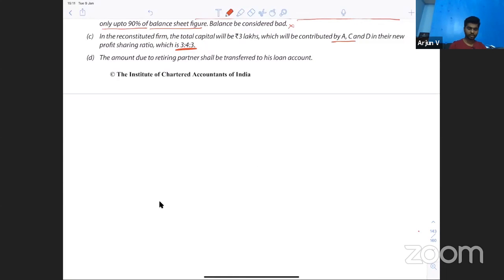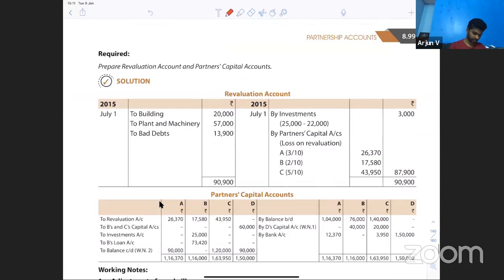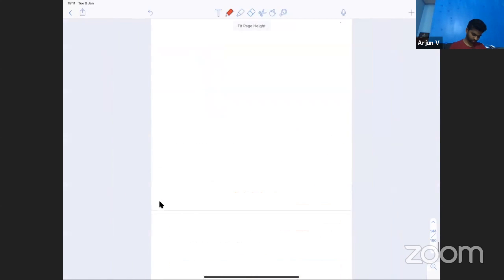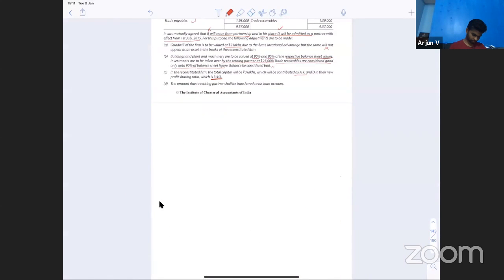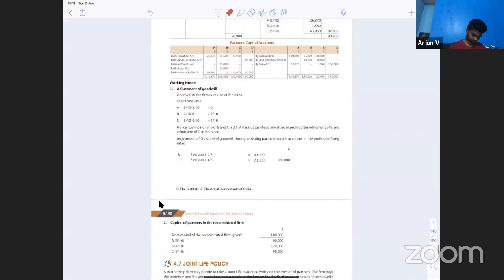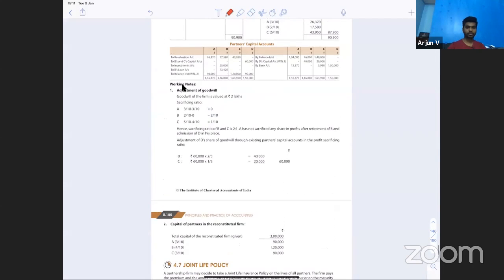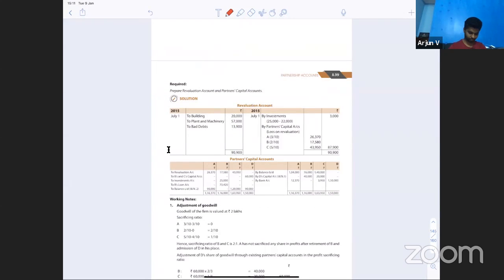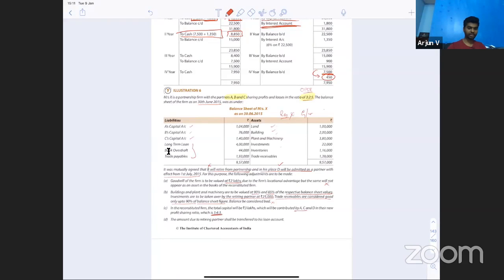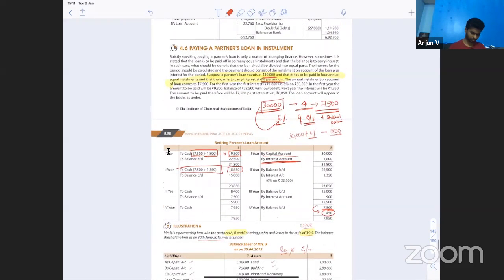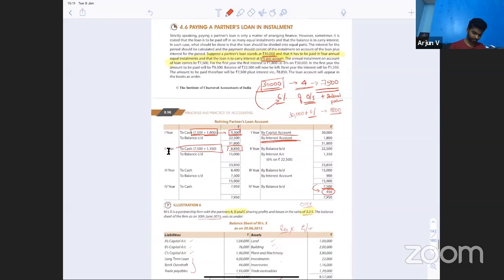Fine. So let's start with the first one. What all have they asked in the question? They've asked us to make a revaluation account and partners' capital accounts. Pretty straightforward question, so nothing much to break my head on.